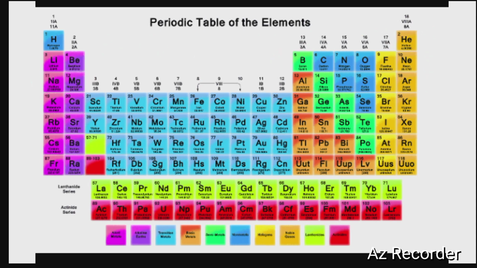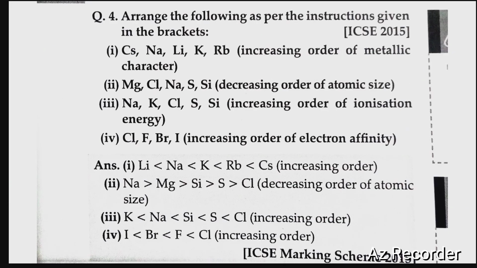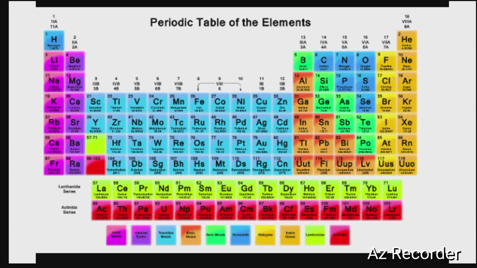Now the next one is sodium, potassium, chlorine, silicon and sulfur in increasing order of ionization potential. Let's mark them: sodium, potassium, chlorine, sulfur and silicon. We need to arrange them in increasing order of ionization potential.